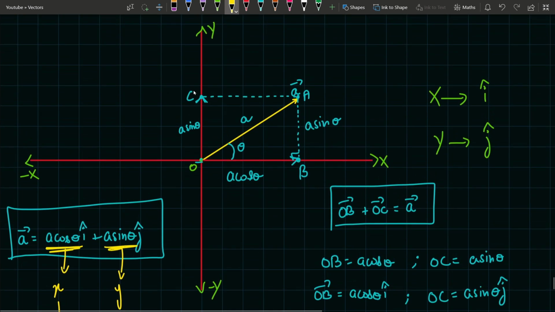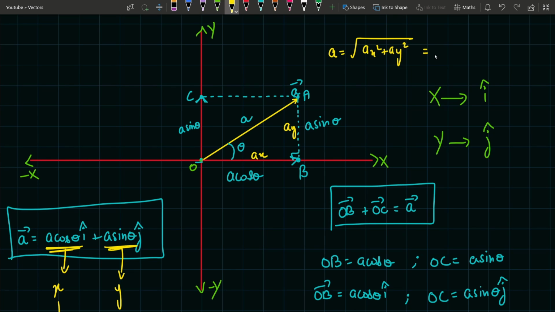If we go back to this diagram, this length OB is ax and this length AB is ay. Since it's a right angle triangle, from Pythagoras theorem, can I write A equals root of ax square plus ay square?